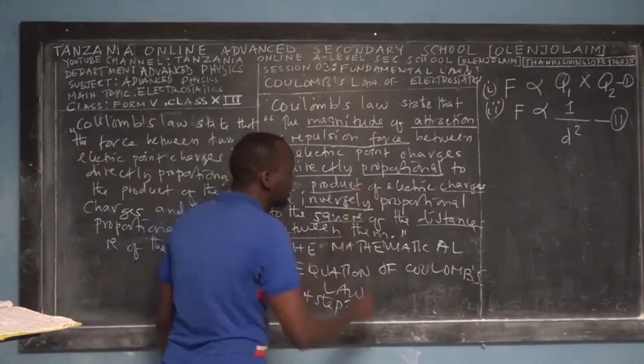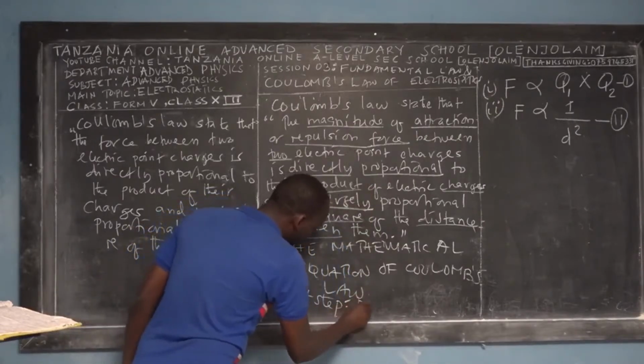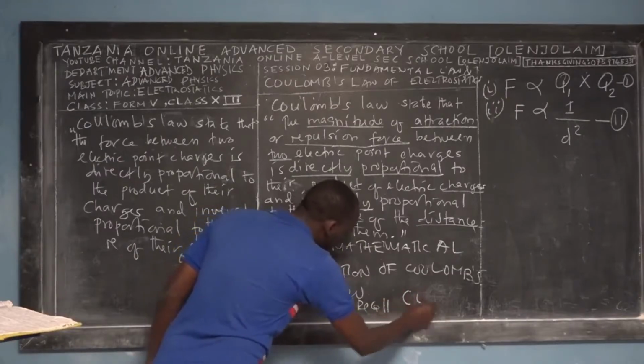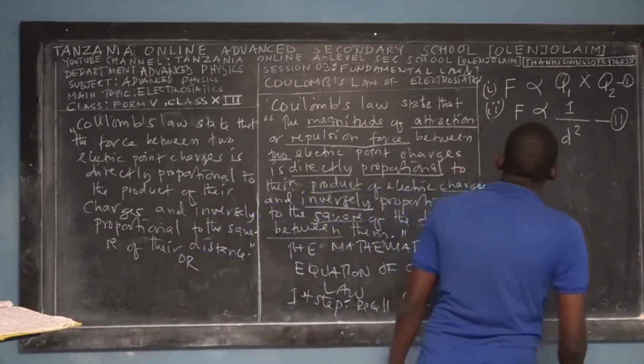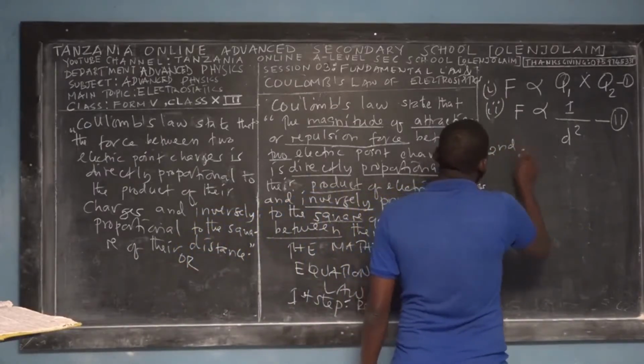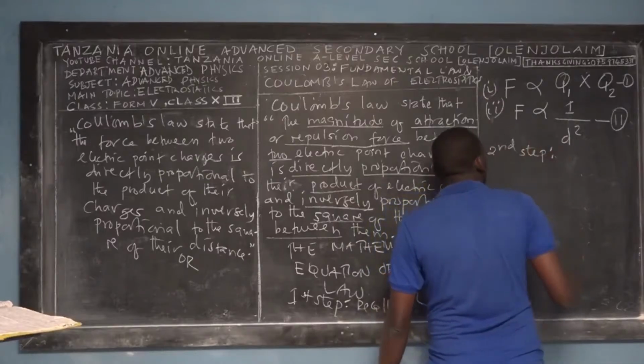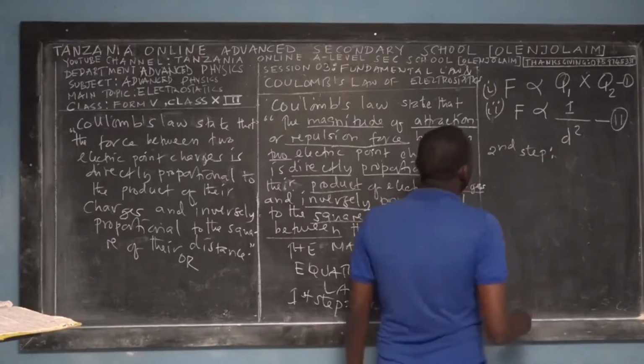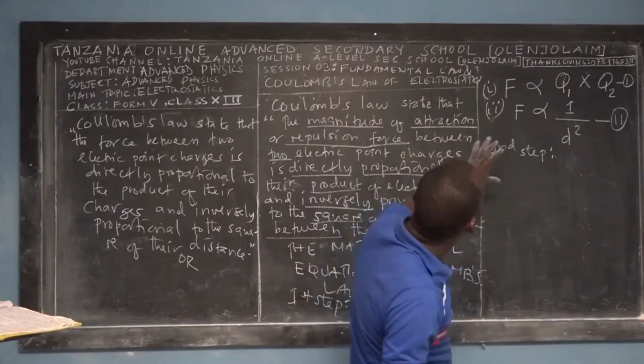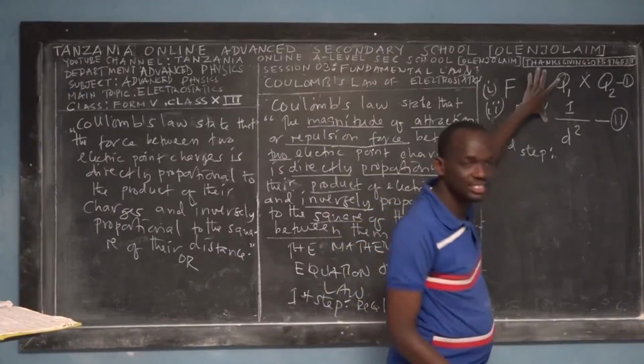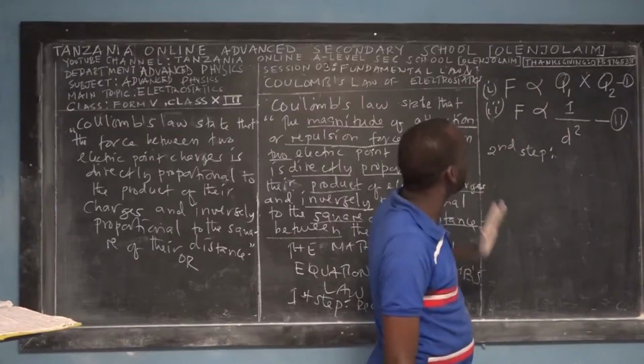You should not cram this stuff. You recall Coulomb's law. The second step is this: remember, this is a proportionality sign, so we have a left-hand side and a right-hand side of the proportionality sign.